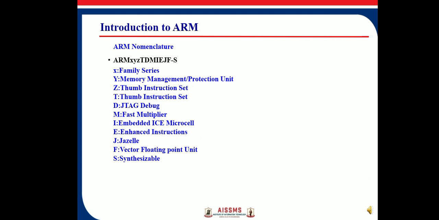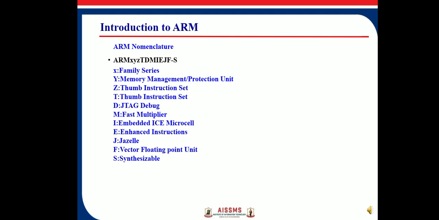So the ARM processor will support 32-bit instructions or 16-bit instructions, working with 4 bytes or 2 bytes. If it is working with 16-bit instructions, then this is called the Thumb processor or Thumb mode.